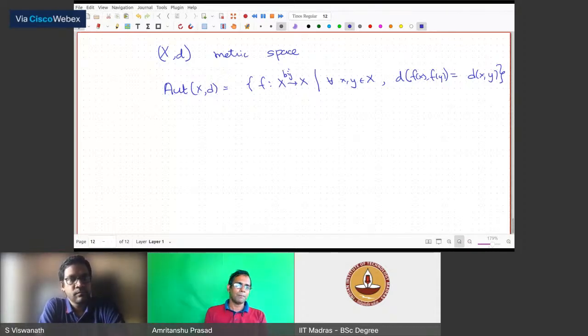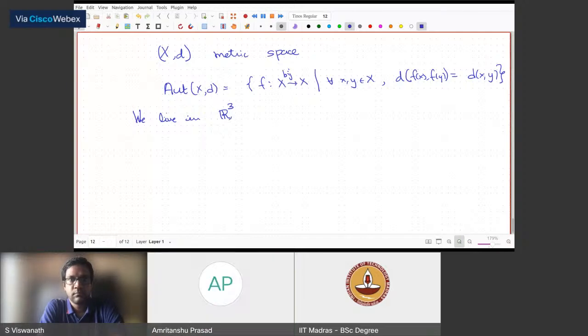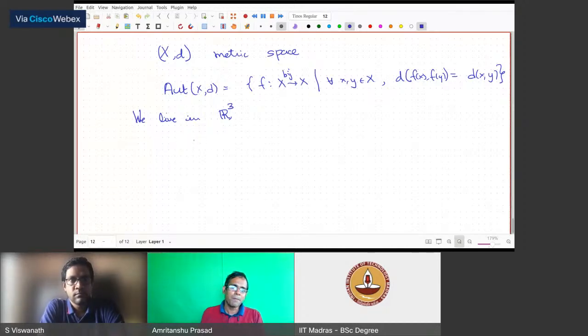And so let's look at an example. We all live in a metric space. So we live in the metric space Euclidean 3-space, R cubed. That's the space of x, y, z coordinates with which you can model the universe.